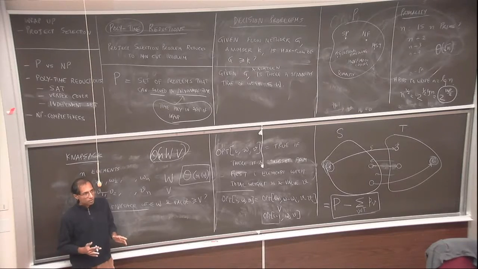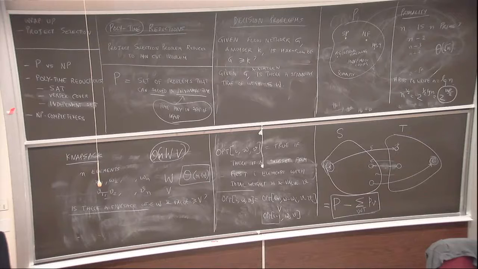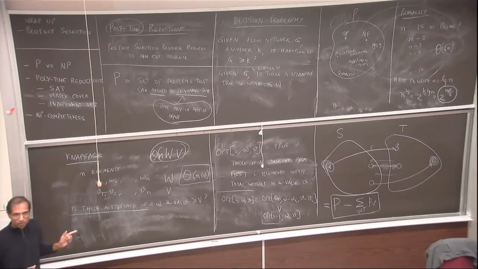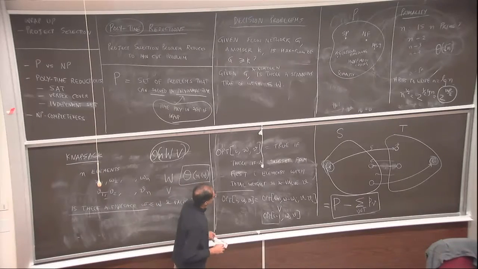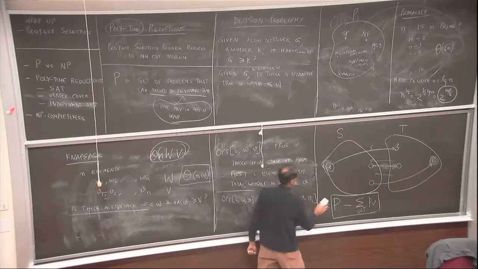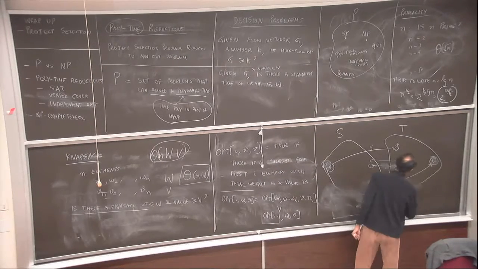And rightfully so, because we have compelling evidence that this problem cannot be solved in polynomial time. Knapsack is an example of a problem that we call NP-complete, that we'll talk about in a moment, because we don't know how to solve it and we believe it cannot be solved in time polynomial in the size of the input. To understand the notion of NP-completeness, there are two things we have to understand.